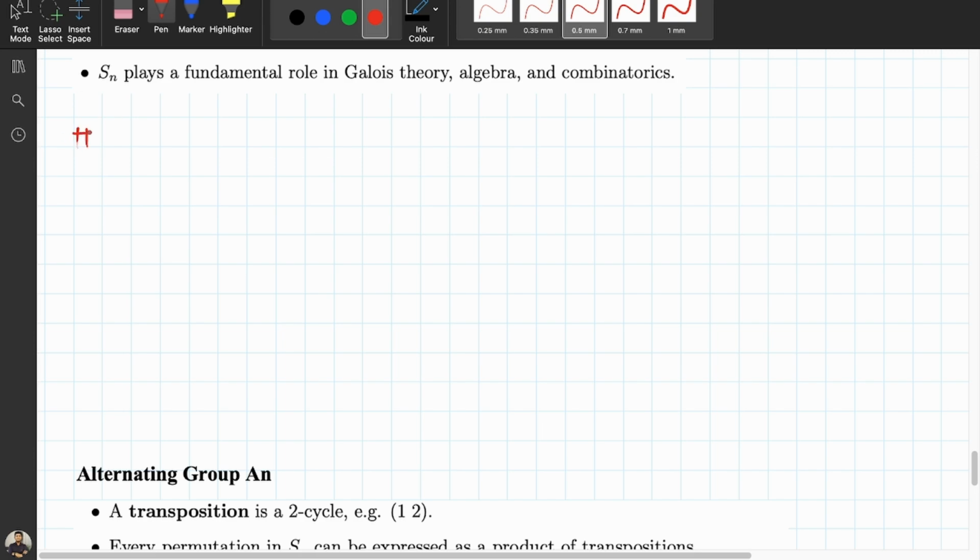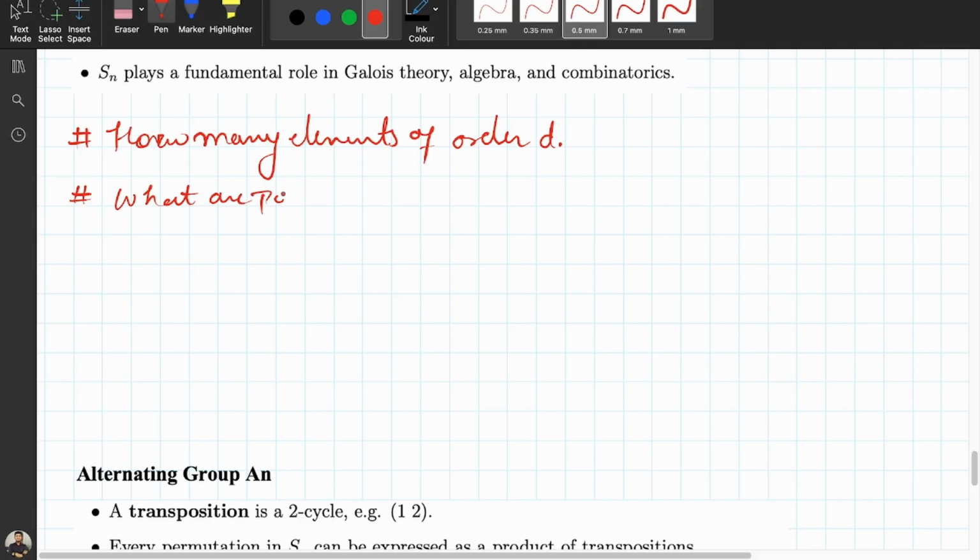Now the concept: what are the possible orders of elements?